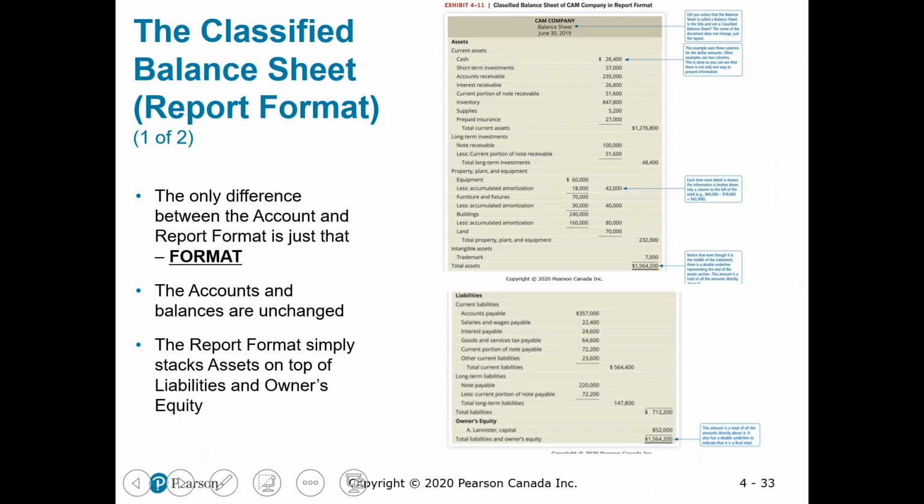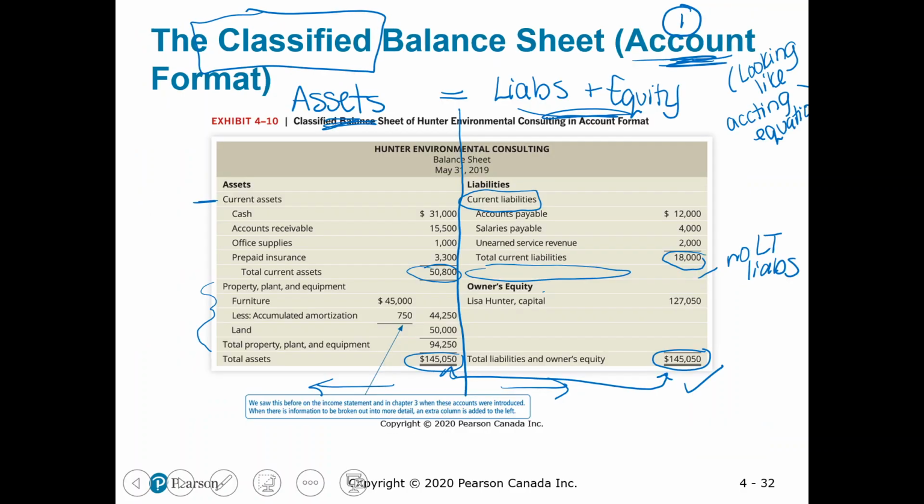The other type of classified balance sheet, so the second type, is called the report format. Now, this is a different company, so clearly different accounts here. But if we have the same account here, it would just show your liabilities and equity section below the assets.